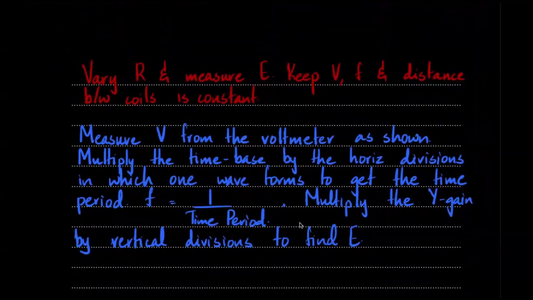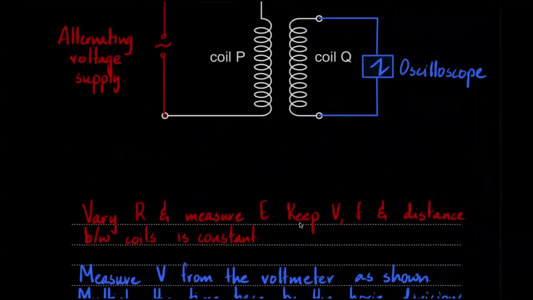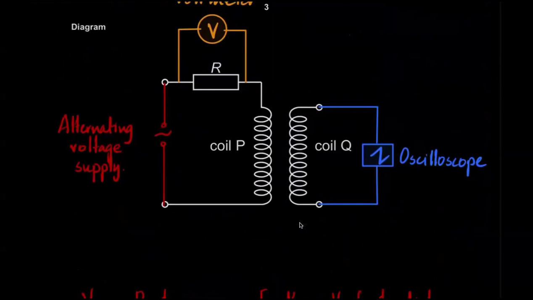So we can say that if we have some way of clamping the coils, we can say that this would enable the distance to be constant.